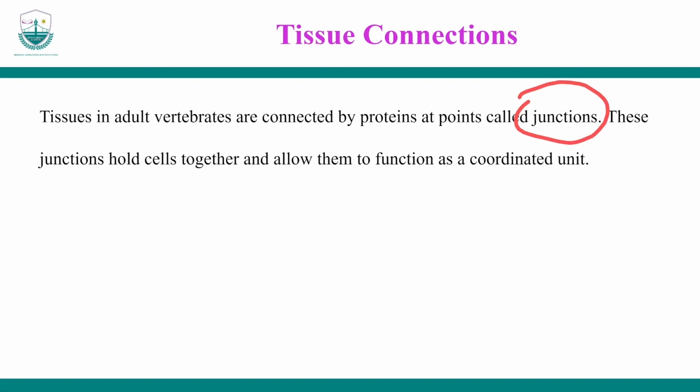These are proteins that connect one cell to another. These tight junctions, or cell junctions, help in holding these cells together and allow them to function in a coordinated way, or as a coordinated unit.